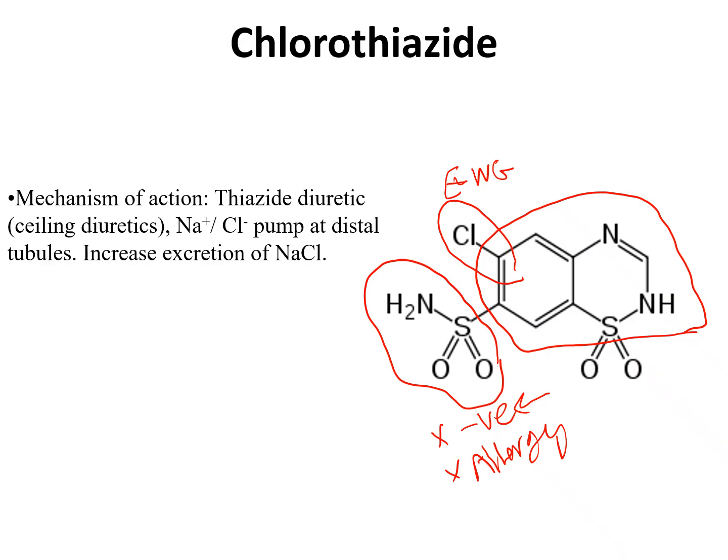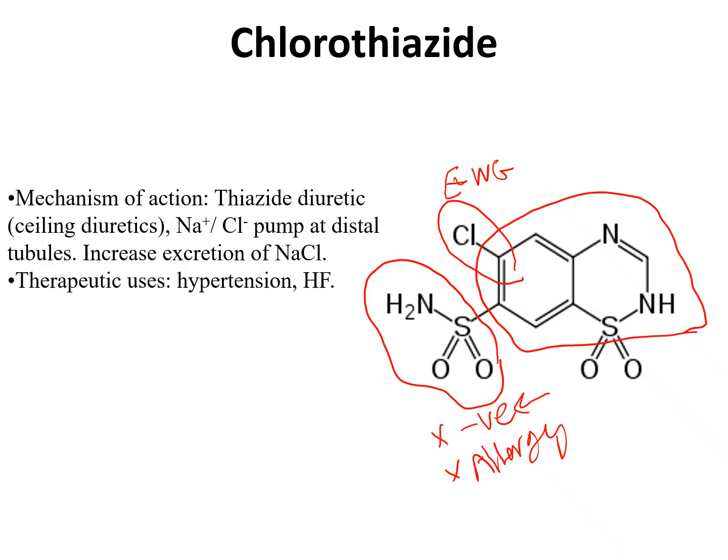Okay, now we said they have certain side effects like hypercalcemia, and hyperuricemia, which could increase the chances of gout attacks. We asked you for homework why, but the answer is already in the previous slide. The hyperuricemia is caused by thiazides because they compete with uric acid excretion, resulting in an increase of serum uric acid levels, and that could cause gout, as I said.